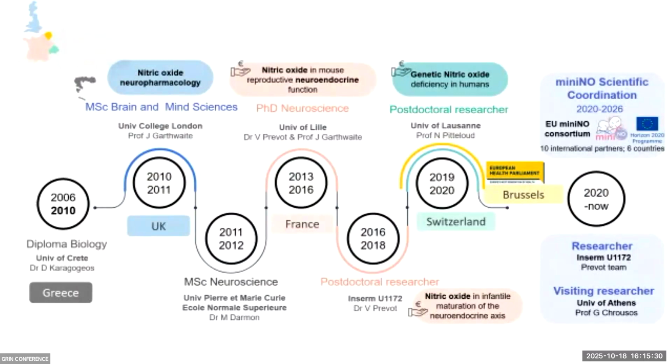Then I did my PhD, moving from the neuropharmacology of the molecule more to its neurophysiological actions. I also passed through the genetics that could involve nitric oxide deficiency in humans.